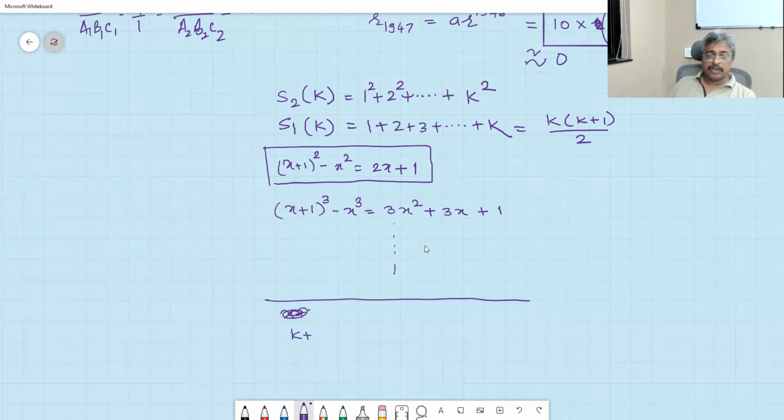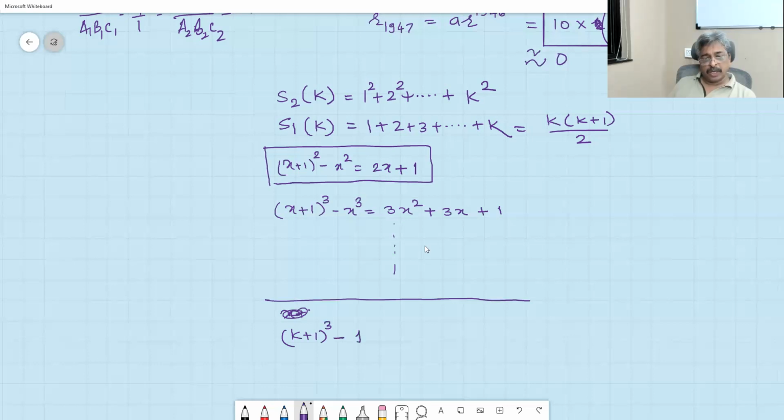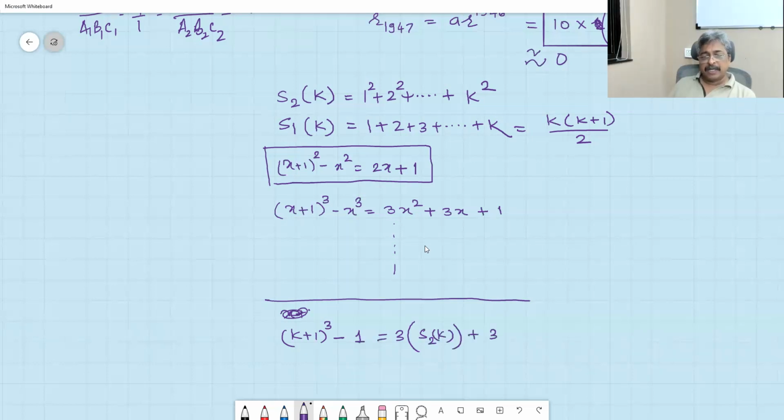So k plus 1 bracket cube will survive, minus 1 will survive, is equal to 3 times S2 of k plus 3 times k into k plus 1 upon 2 plus k.